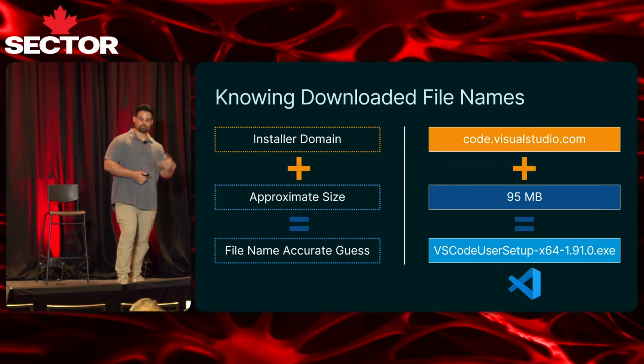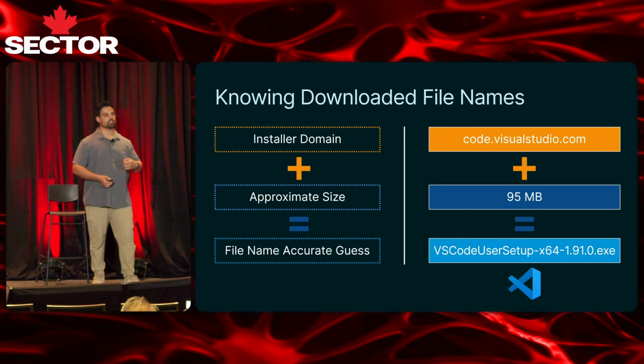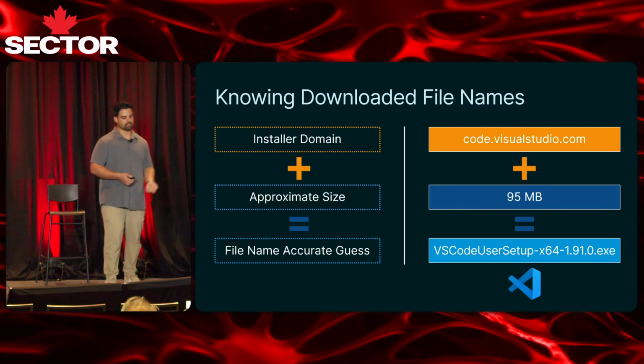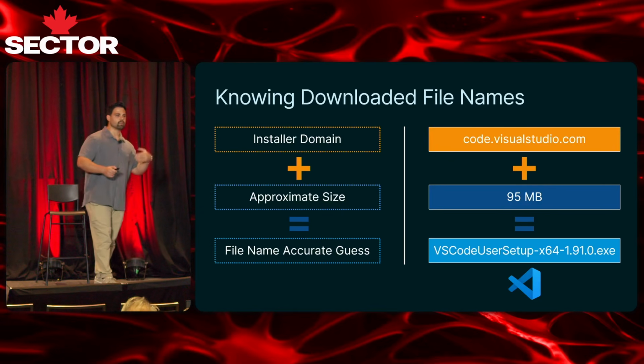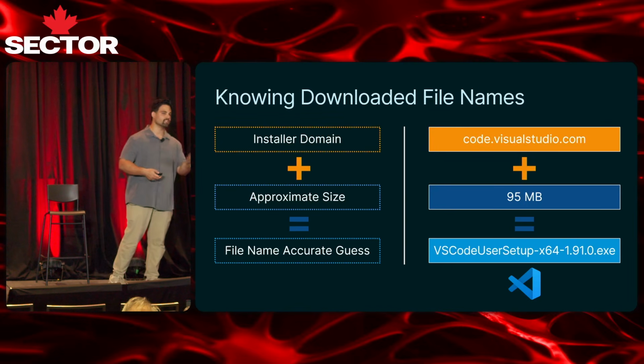So if you think about it, if we can determine the domain to which a victim accesses, and we know that a relatively large file was downloaded from there, and we know its approximate size, we can also very accurately guess the name of the file that was downloaded.